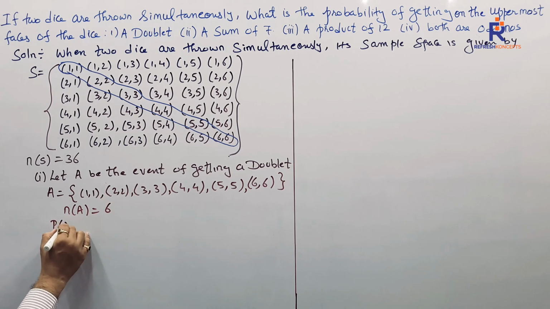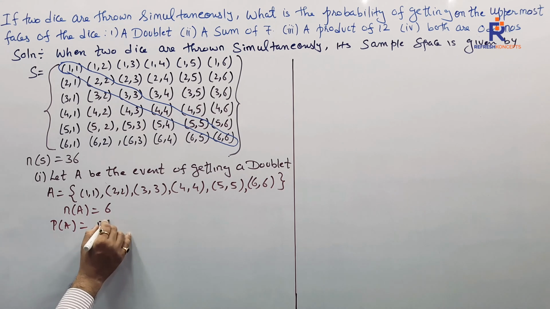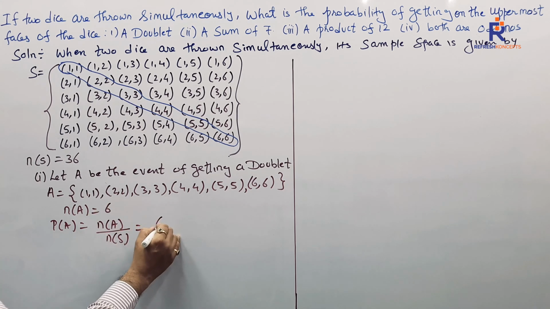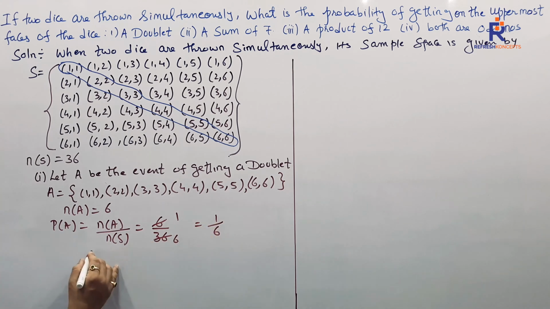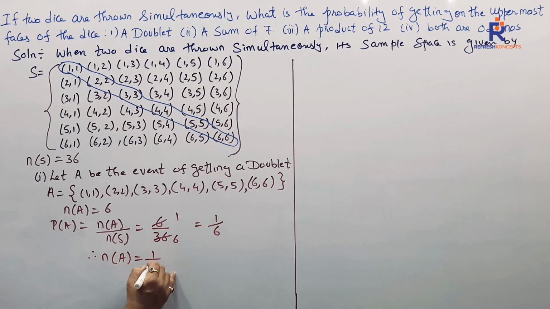Probability of event A is n(A) upon n(S). How much is n(A)? 6. How much is n(S)? 36. Sixes are 6, so 1 by 6. Final answer: probability of event A is 1 by 6.